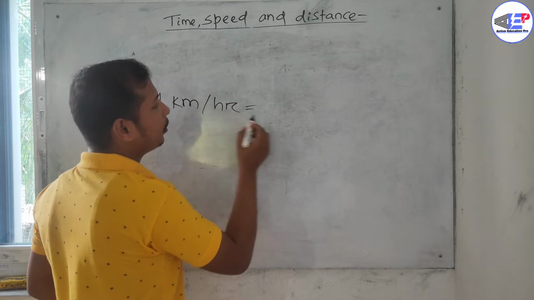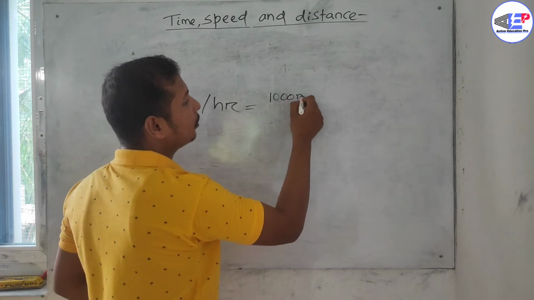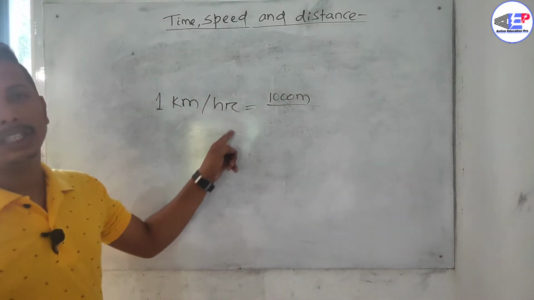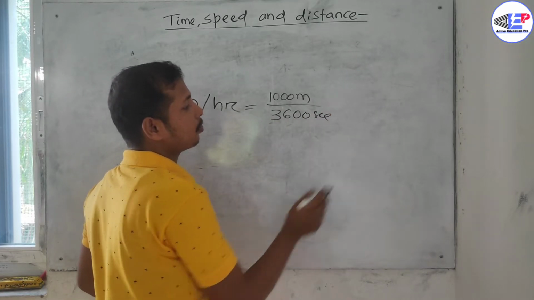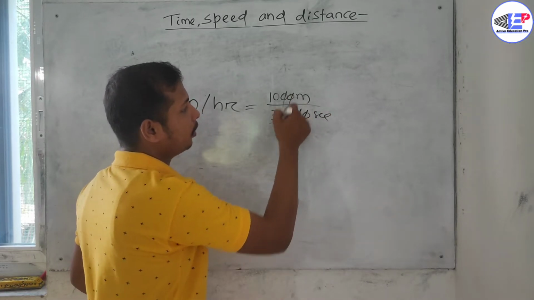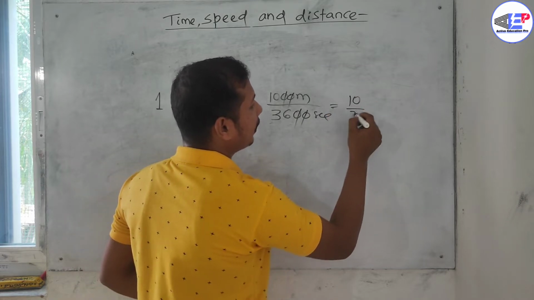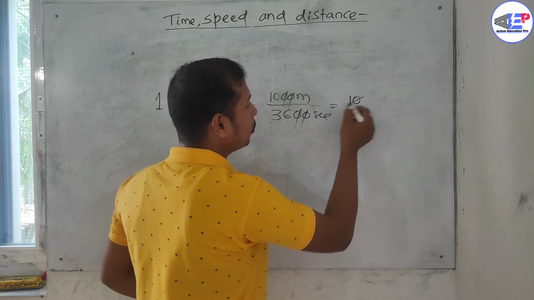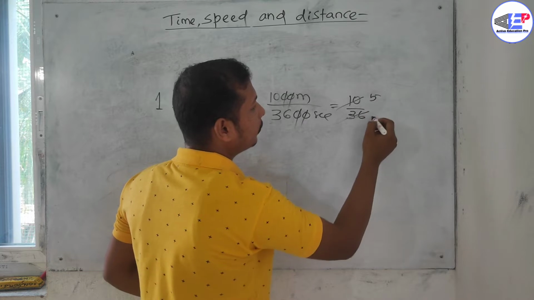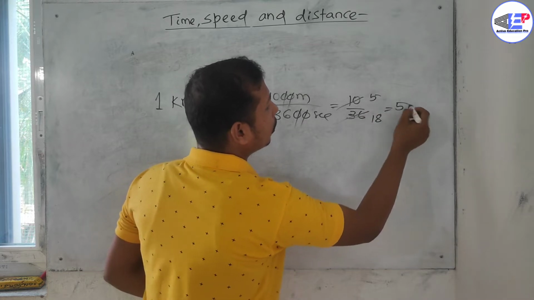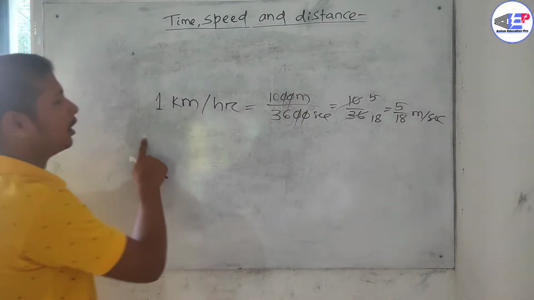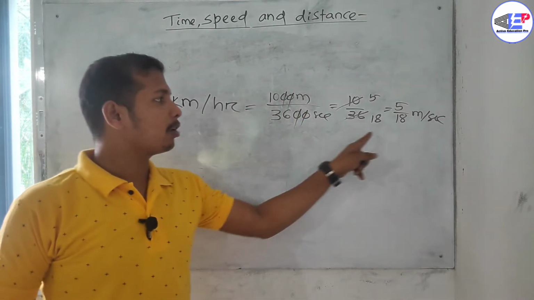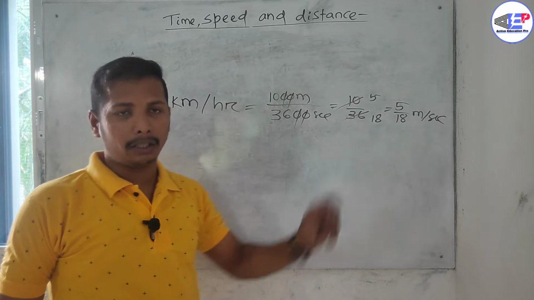We know that 1 kilometer is 1000 meter and 1 hour is 3600 seconds. So by cancelling zeros, it will give 10 by 36. By cancelling it with 2, it will give 5 by 18 meter per second. So we saw that 1 kilometer per hour is equal to 5 by 18 meter per second.